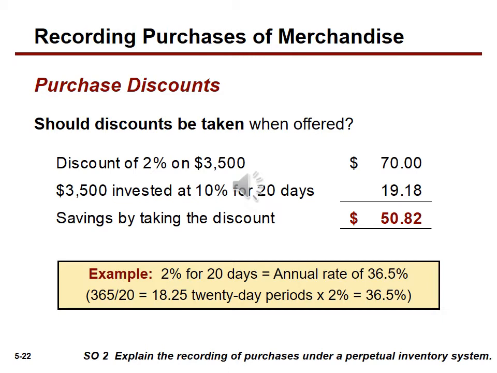It's not easy to get a return on an investment of 36.5% on any investments really, except due to luck. So normally, if we assume a more realistic number, such as 7 to 10%, you can see that taking the discount in this case is actually the correct decision.